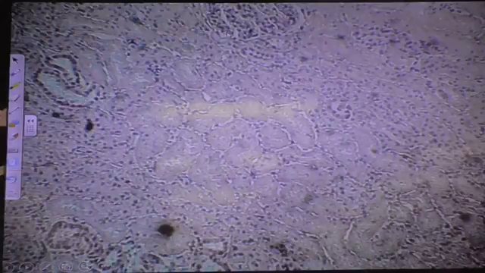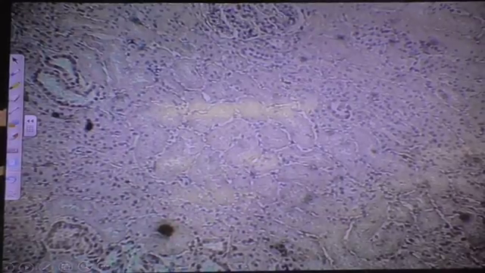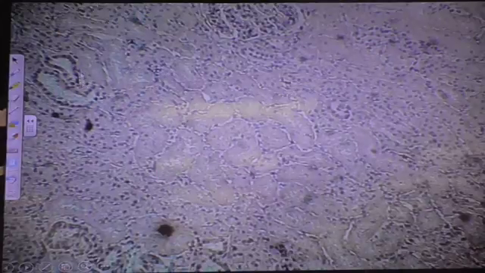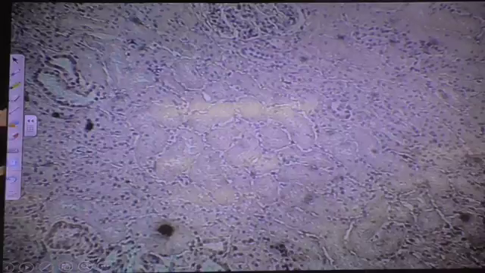And this is what happened in this case. That's the glomerulus off the screen right there almost. You see these tubules, there could be distal tubules there, but these in the center are like proximal convoluted tubules.